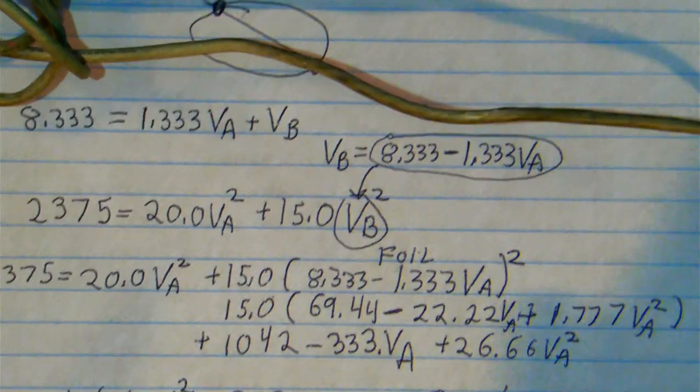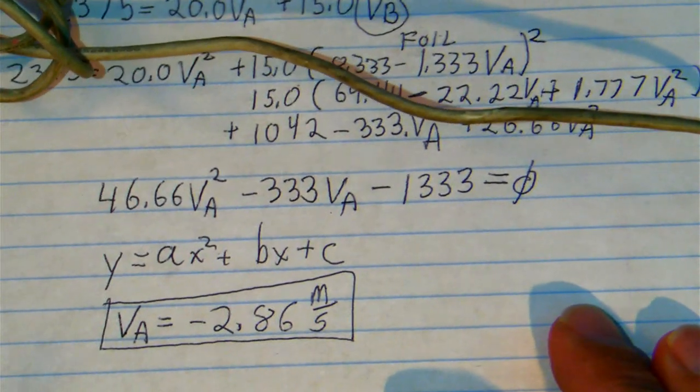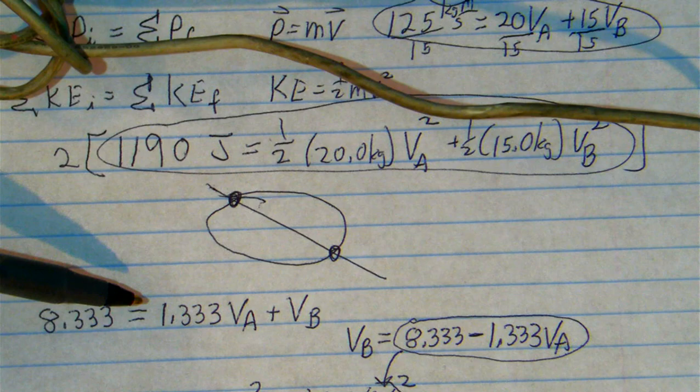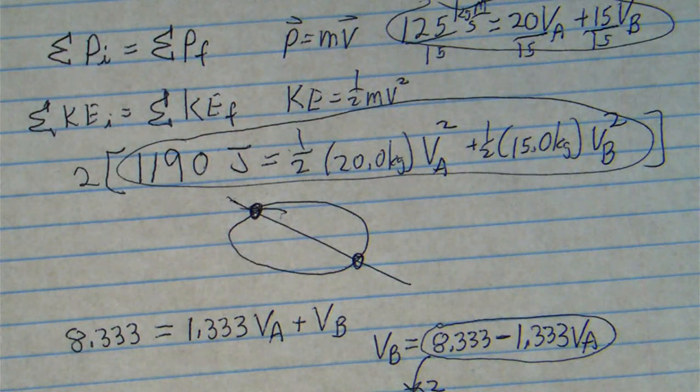So if the velocity of A works out to be negative 2.86 meters per second after they collide, then figuring out the velocity of B would be 8.333 minus 1.333 times negative 2.86.